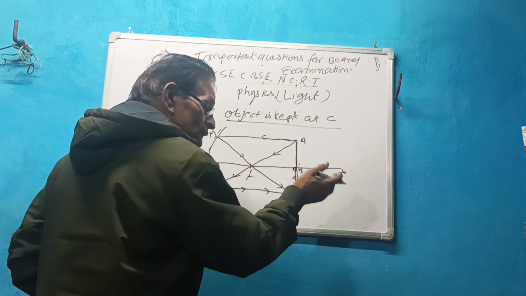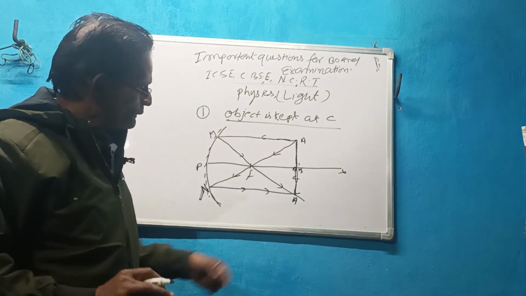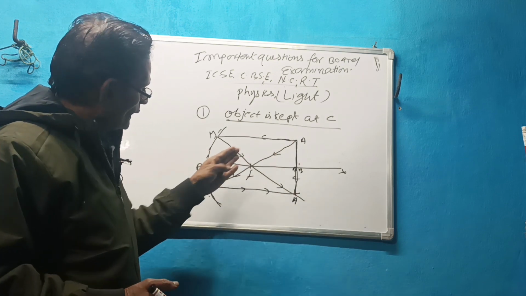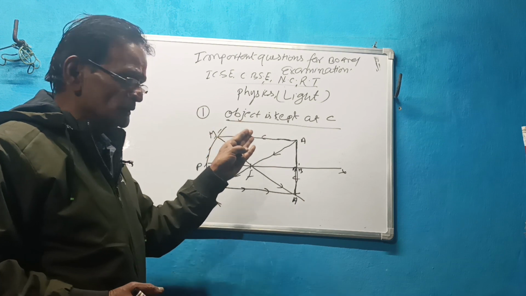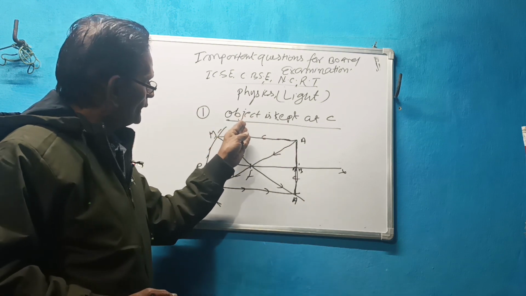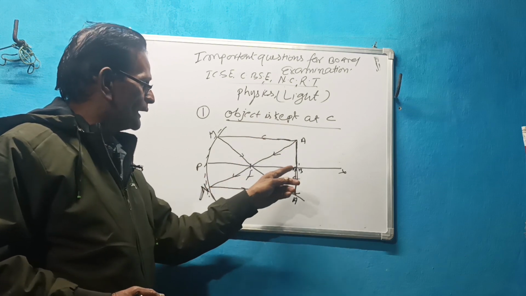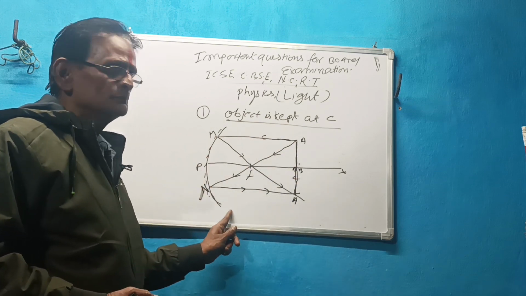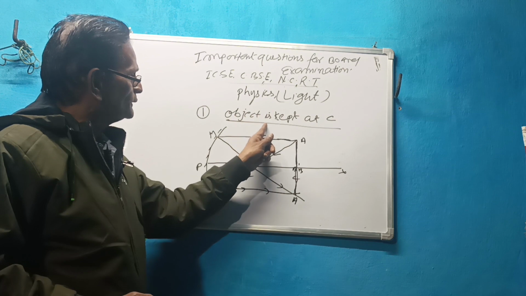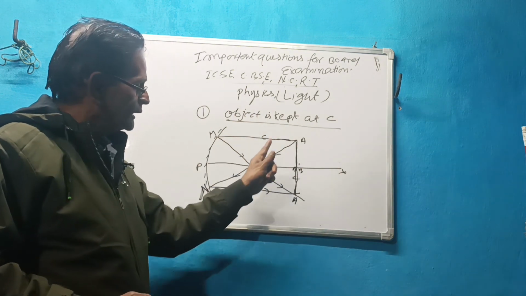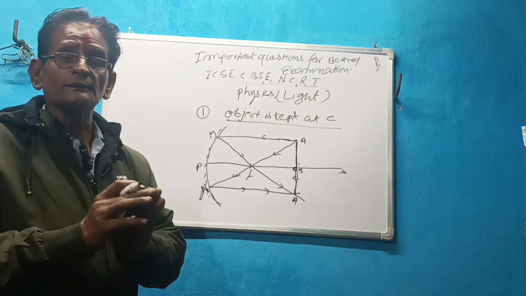It means it is inverted, which means opposite. In the examination, it will be given: draw a neat diagram to show the formation of the image in a concave mirror if the object is kept at C. You can draw this and at last you can write it.